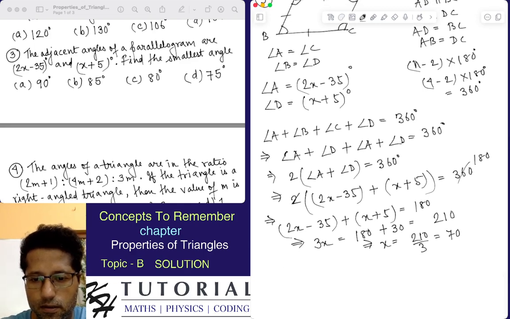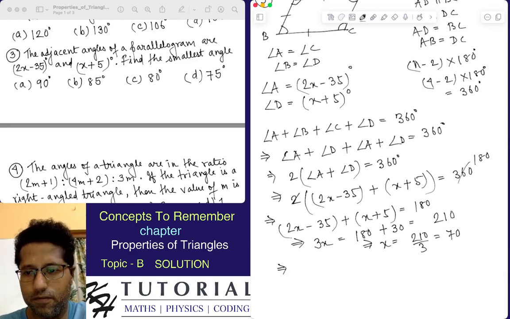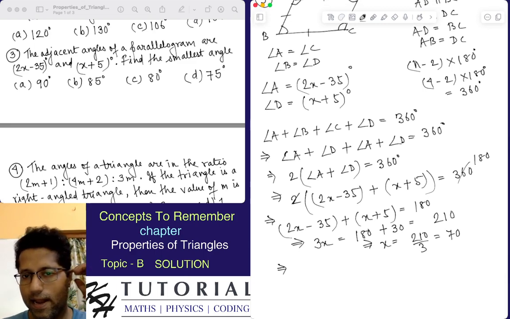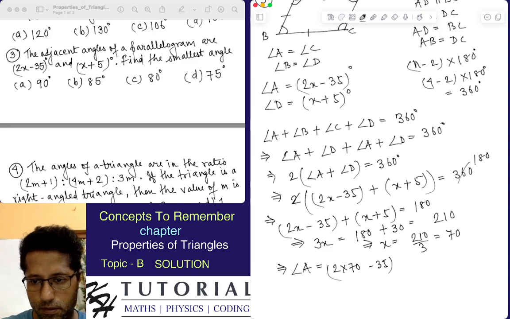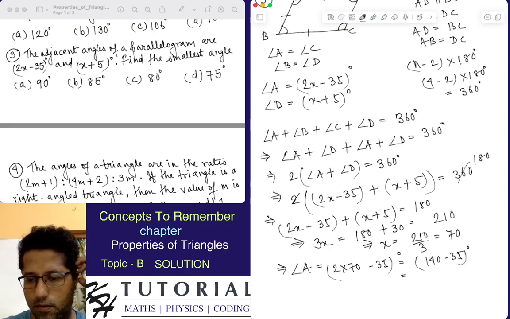Now we have to find the smallest angle. The two different angles in a parallelogram are the adjacent angles, which are given to be 2x minus 35 and x plus 5. If we put the value of x as 70, angle A is equal to 2 into 70 minus 35 degrees, which is 140 minus 35 degrees, equal to 105 degrees.